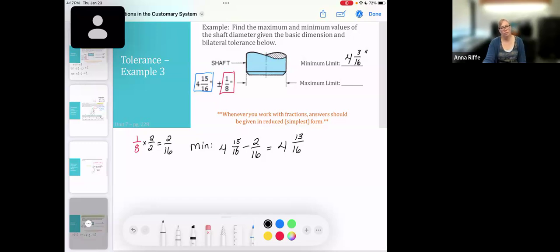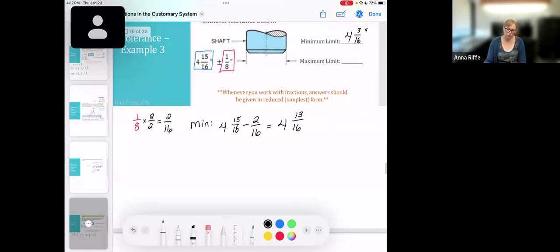It's when we try to find the maximum limit that it gets a little strange. So let's do that now. To find the maximum limit, we would take 4 15/16, and we would add 2/16, which is the tolerance. We can do that in the same way that we did the above couple of examples. 4 whole inches, and then 15 plus 2 is 17/16.